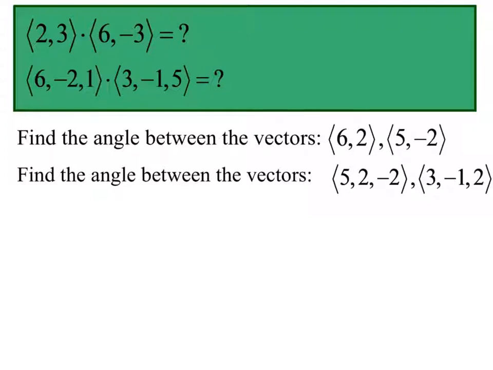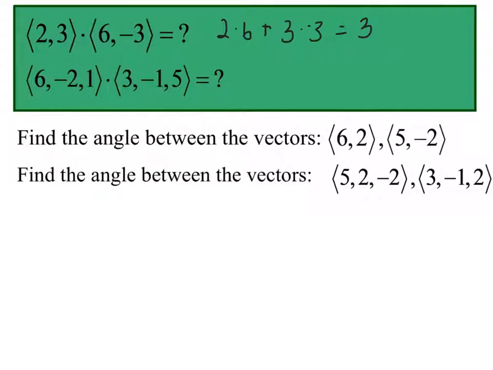Okay. 2 multiplied by 6 plus 3 multiplied by negative 3. So 12 plus negative 9 is 3. All right.